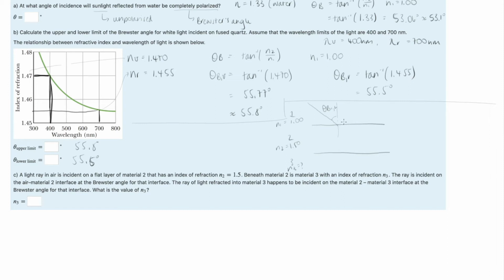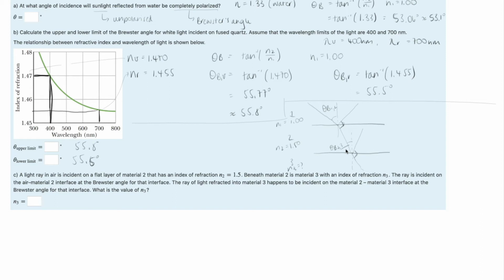Okay. So this then refracts at some angle. So when this reflects, this happens to be a right angle here. And then this then refracts somehow. And the reflection, this here happens to also be 90 degrees, because this is the Brewster angle for the second and third material interface.